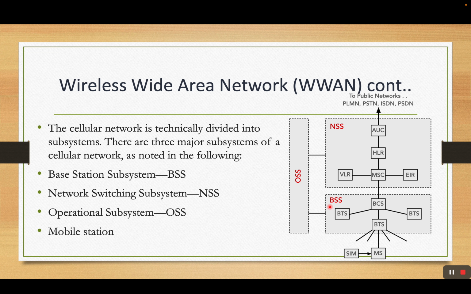So the BSS deals with these components over here. Now the BTS sends and receives signals. As you see, the BTS receives signals from the mobile devices through radio signals. Then the BTS sends the radio signals to the BSC, the base station controller, for connecting to authentication, switching, or even to other networks.